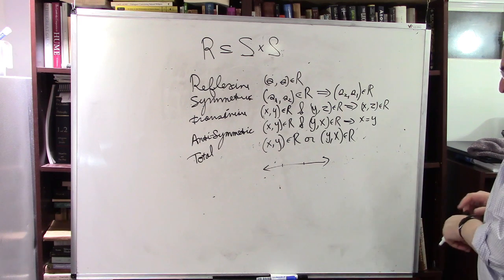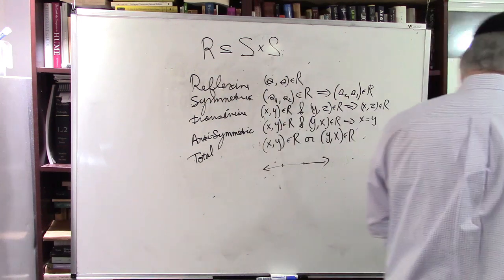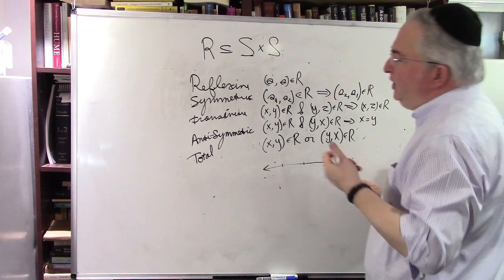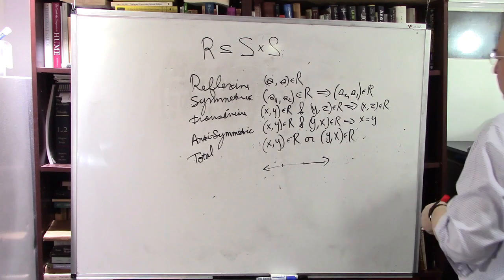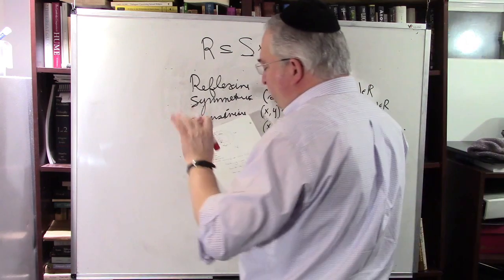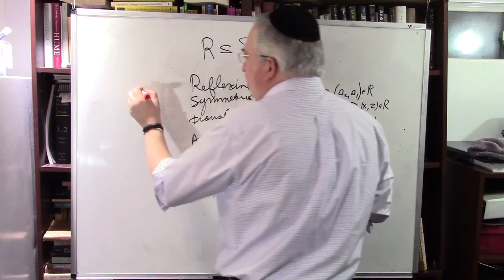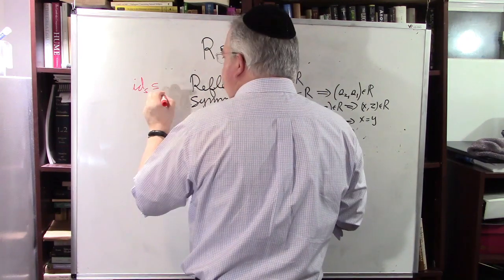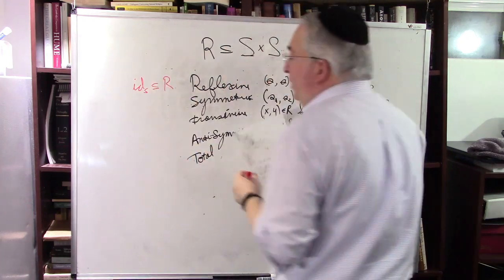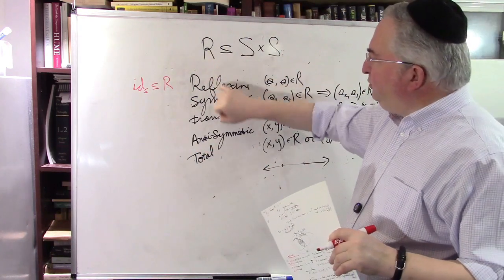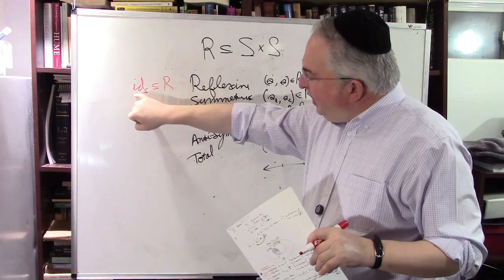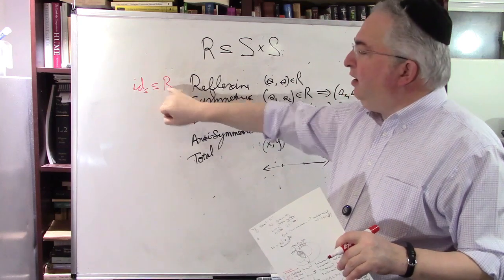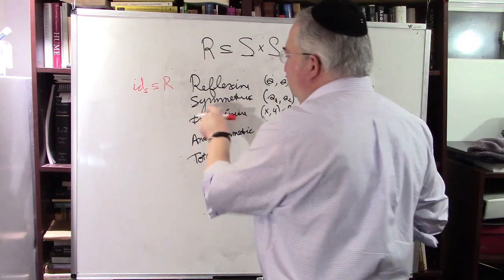Okay, now, just like I wrote in red last time how to think of these properties of relations, I'm going to write it here also, in a more categorical way, namely, there's the identity relation on S, and that is a subset of R. In other words, to say that R is reflexive means that for every element S, S comma S is in R. What does it mean to be symmetric?